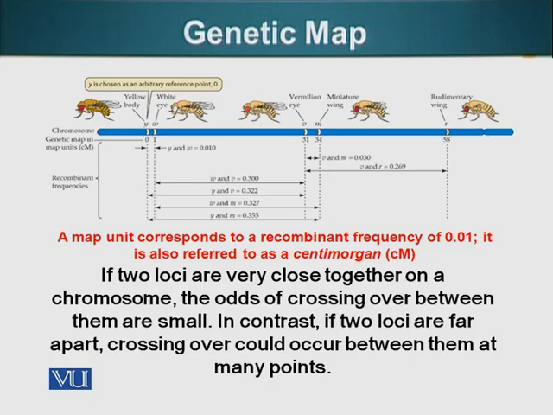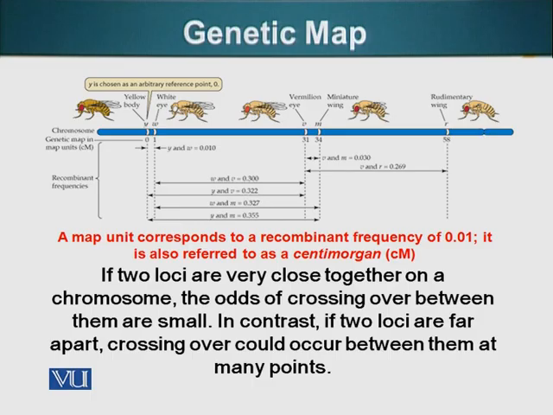During meiosis, these homologous chromosomes come together and form these tetrads. How frequently are these genes exchanged between these two homologous chromosomes? The further apart two loci, the locations of these genes, the greater the recombinant frequencies.